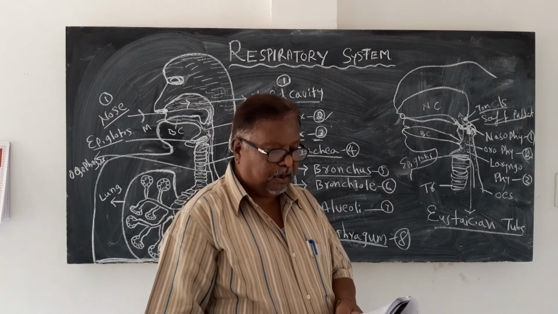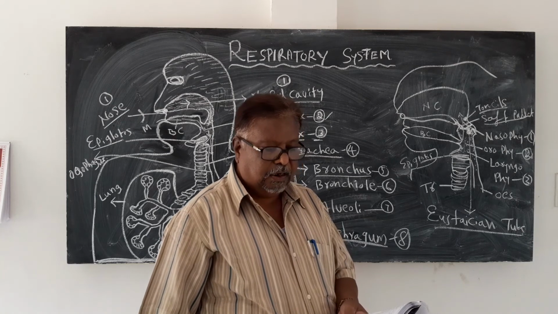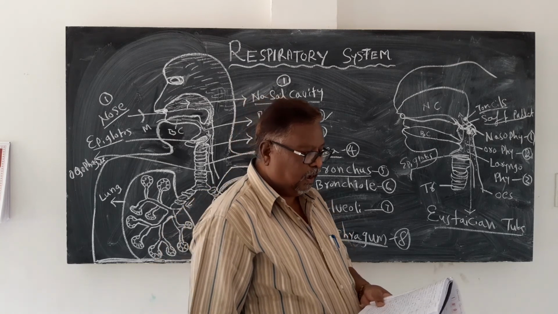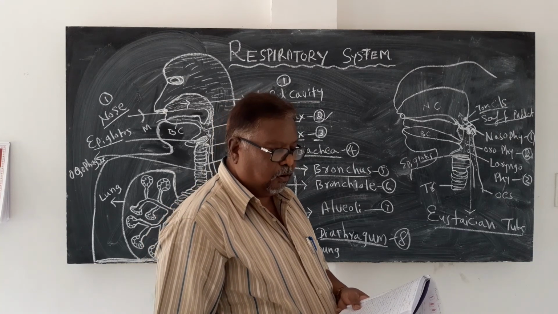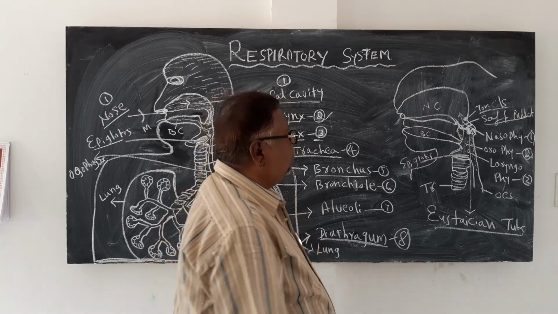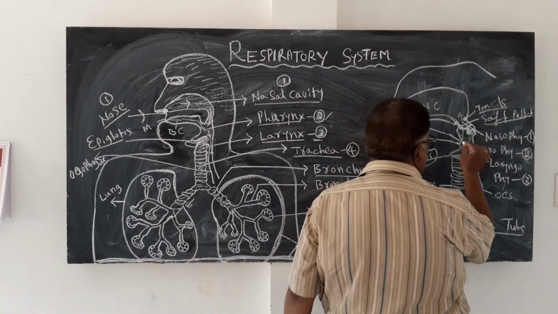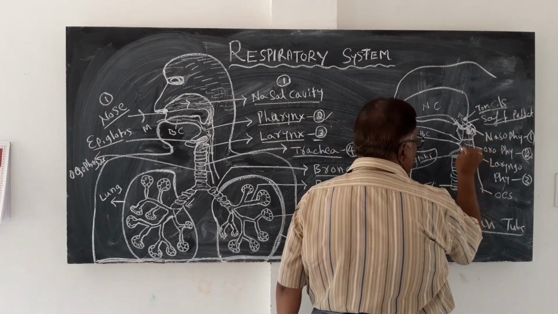Now coming to the oropharynx, the second one. It is the middle part of the pharynx and the passageway for both air and food. Here this is the oropharynx region.